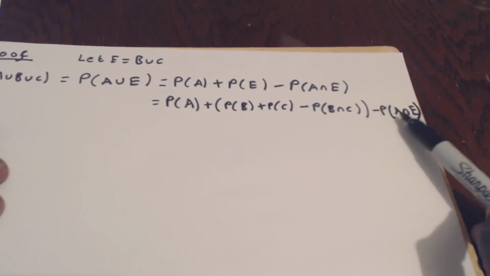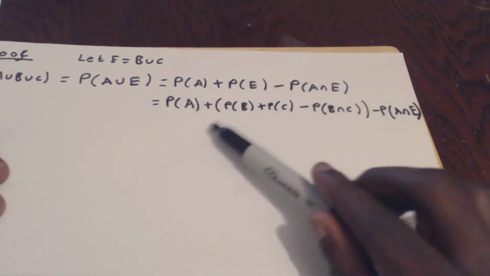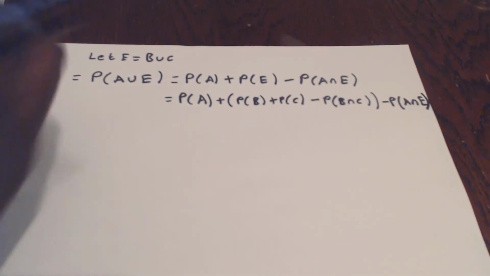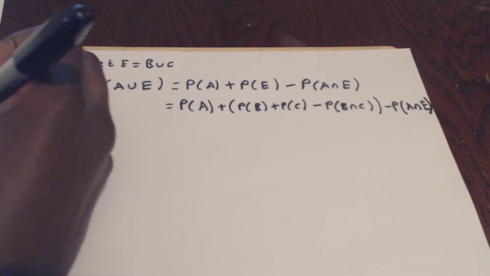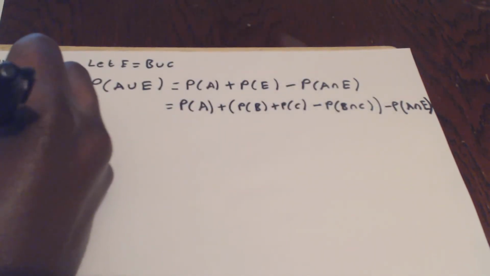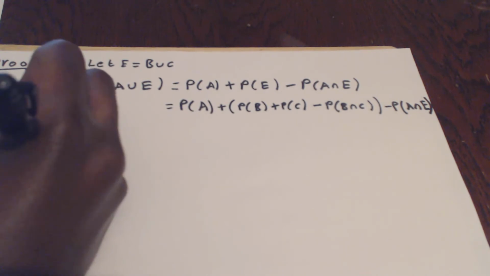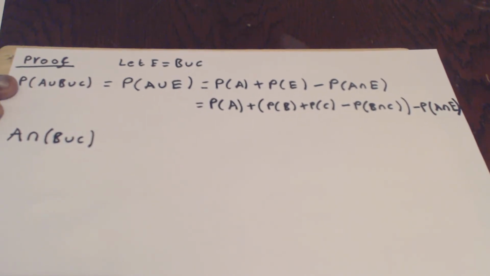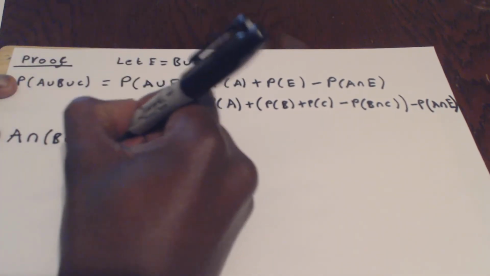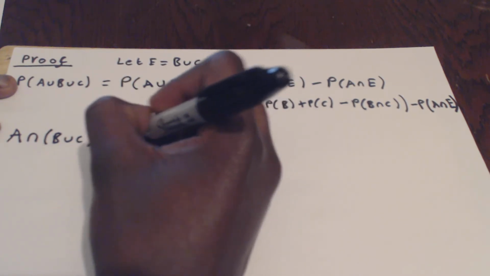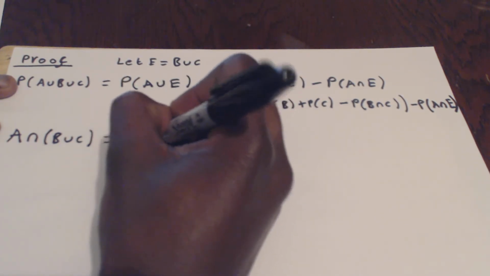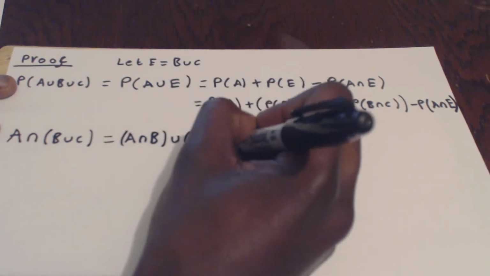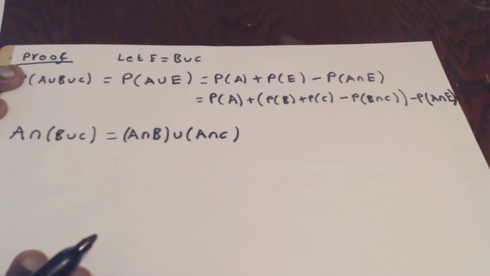Okay, so now we have this A intersection E to worry about, because everything else is in terms of A, B, and C. We should note from De Morgan's laws that for any three events, and don't forget E is B or C, we can write this as A intersection B union C. One of De Morgan's laws states that we can write A intersection B union C as A intersection B union A intersection C, if that makes sense.